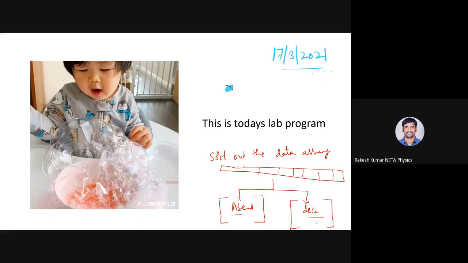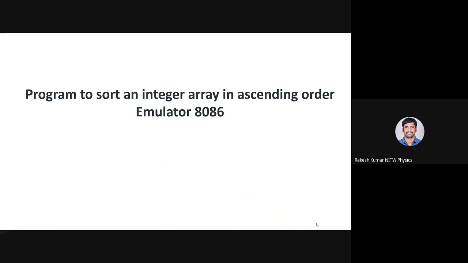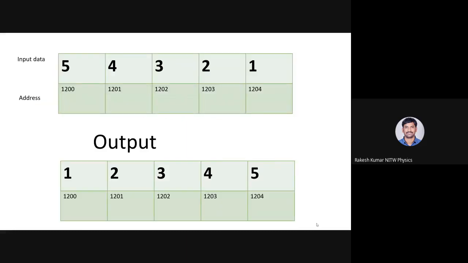We'll enter into the lab program, how we are supposed to do it. This is the program: sort an integer array in ascending order using the emulator 8086. Listen carefully. These are my data inputs, stored in memory.